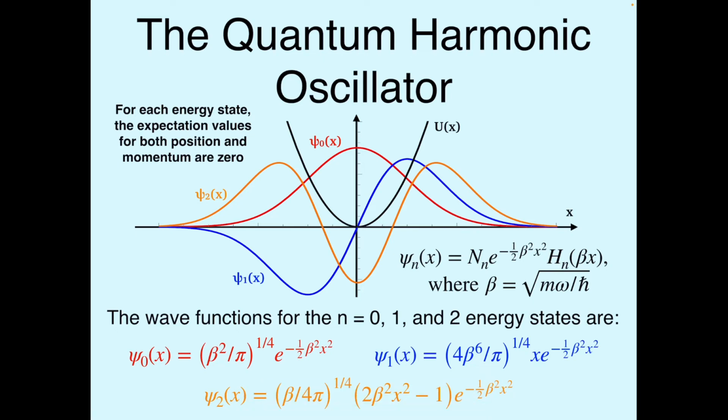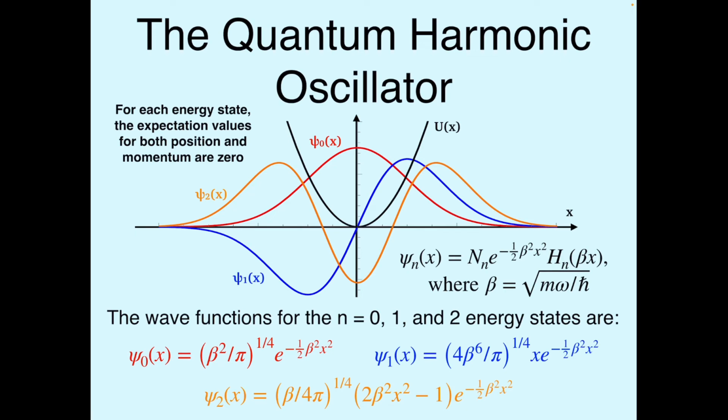These are just the first three to give you a sense of what they look like. So this is the general form. You can plug in any n value, and this is the general form. Down here, and these are color-coded to match the curves on the graph, these are the specific cases for n equals 0, n equals 1, and n equals 2.